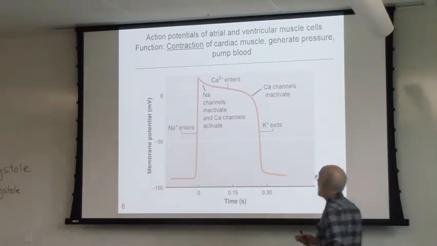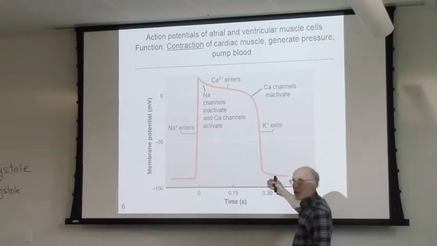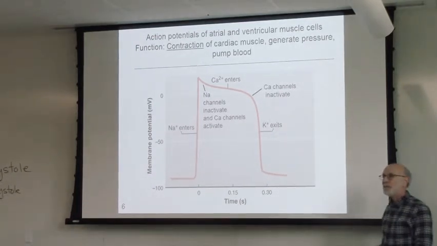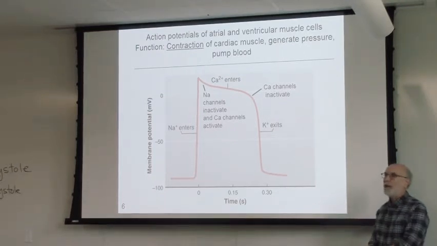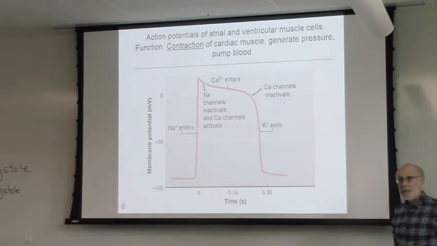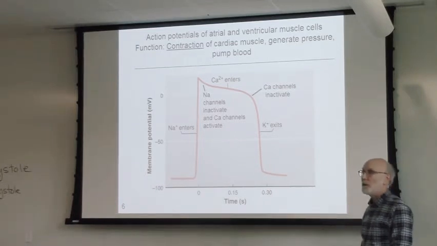They're both slow, and eventually the membrane potential repolarizes back to the resting membrane potential. And it waits for the next action potential to spread from the SA node. It'll just sit there and wait another 800 milliseconds or so, 0.8 of a second. And then it gets the next signal from the SA node to beat. And this happens, again, about once a second.